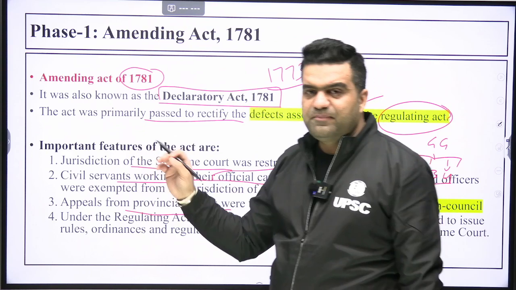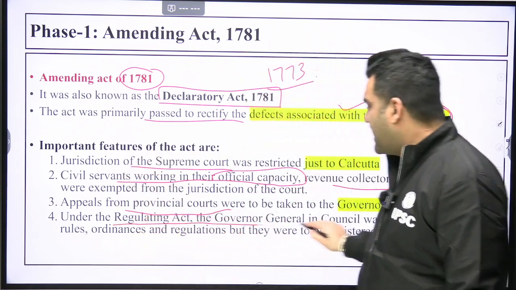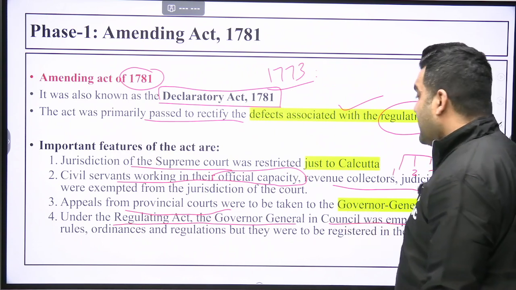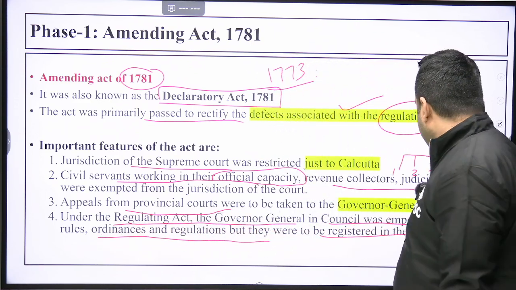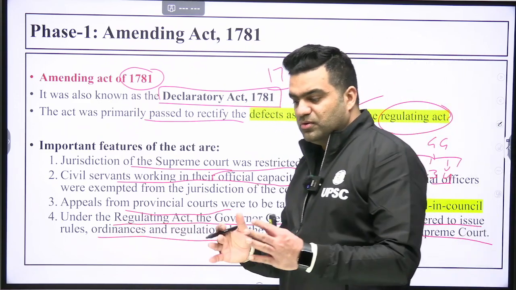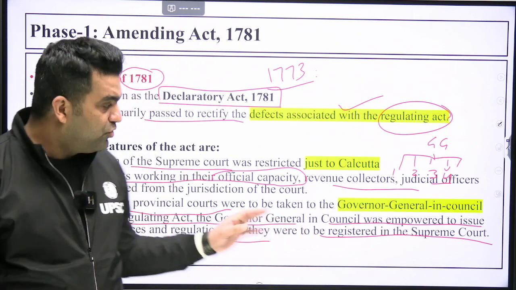Cases from other provinces would be heard by the Governor General in Council. Under the Regulating Act, the Governor General in Council was empowered to issue rules, ordinances and regulations, but they were to be registered in the Supreme Court. So, separation of legislative activity, rules.